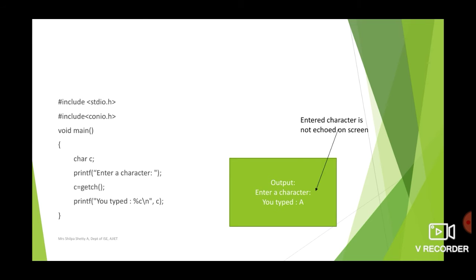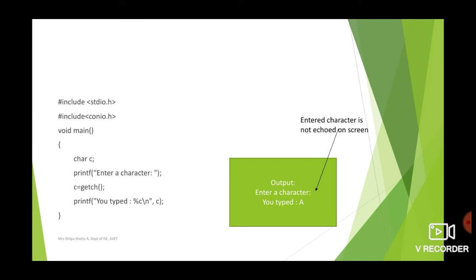Then we can just print the character that is present in c. printf "You typed %c", c. The value of c gets displayed in place of %c, and %c is the format specifier for character. Let us see a sample output. Enter a character.